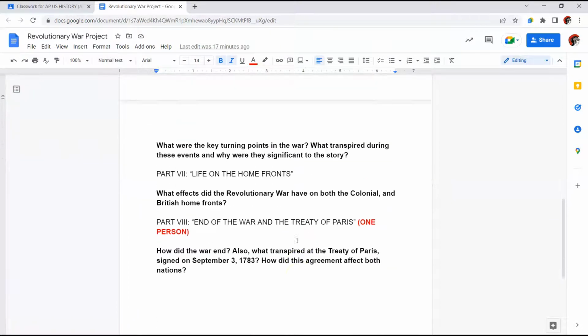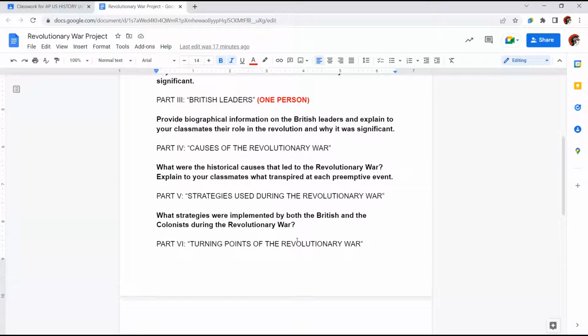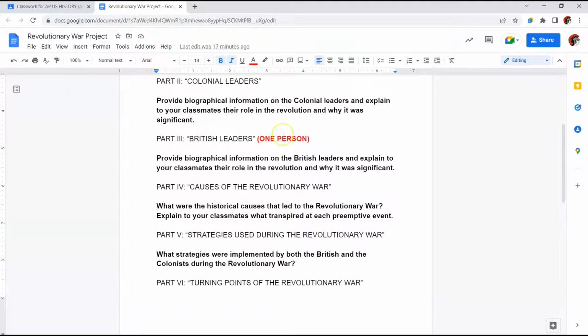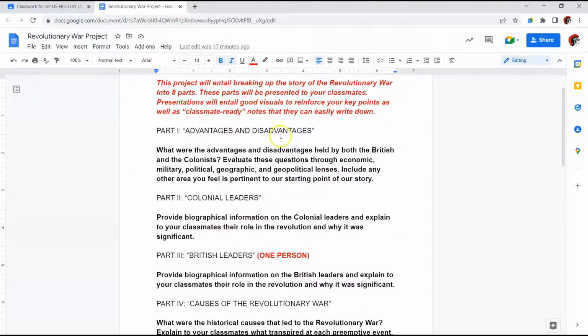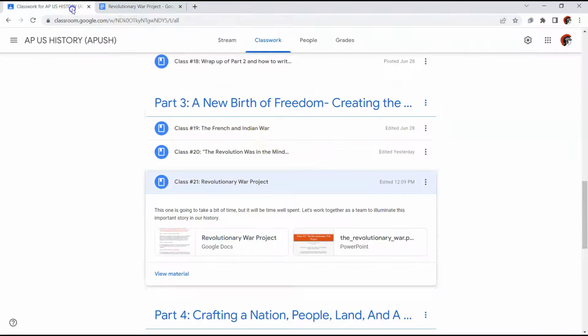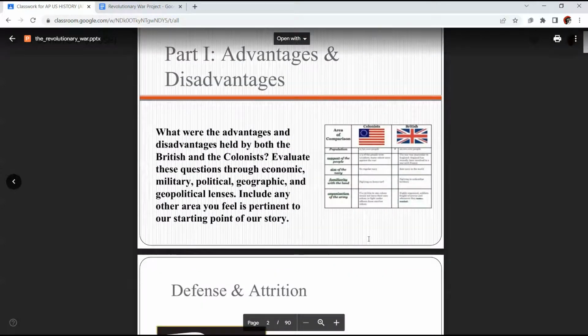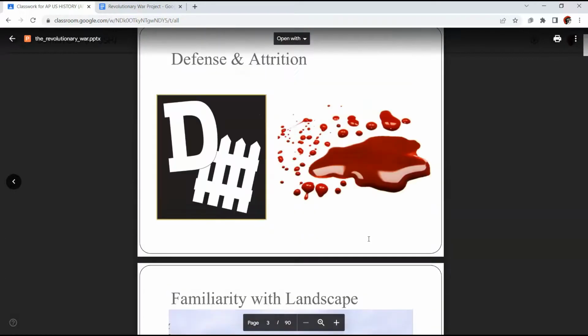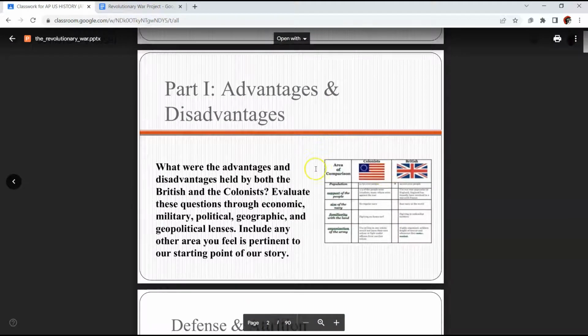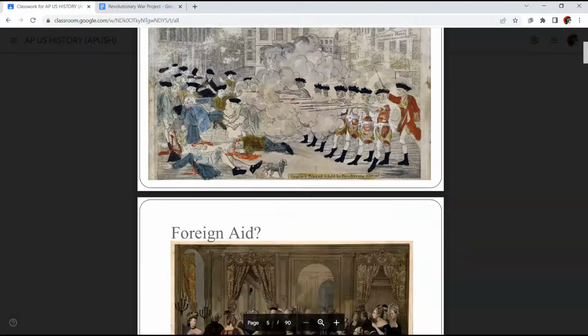Now, some of you are going, holy shnikes, I get breaking it up into 8 parts. But what are you exactly talking about? What are the details here? Okay, which brings me back to the PowerPoint. And this massive PowerPoint, I'll just use one as an example here. So you'll see where part 1, advantages and disadvantages, and it's a breakdown of these sorts of things.